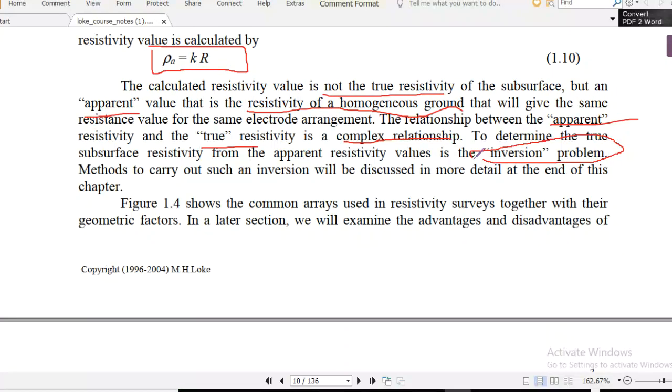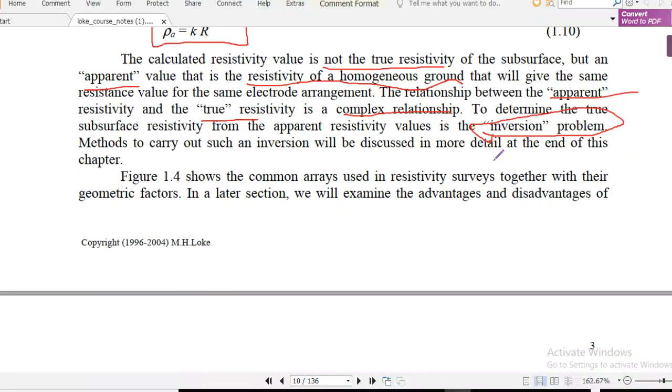The method to carry out such inversion will be discussed in more detail at the end of this chapter. Figure 1.4 shows the common arrays used in resistivity survey together with their geometrical factor. In a later section, we will examine the advantages and disadvantages of each one.